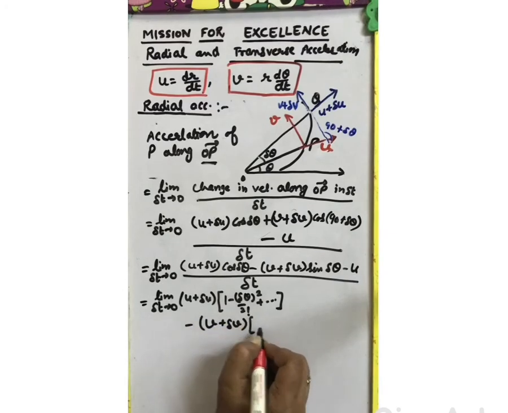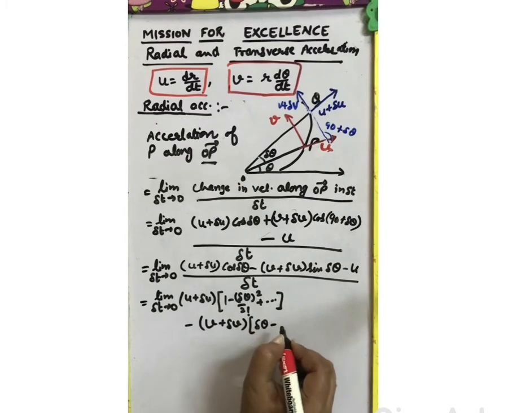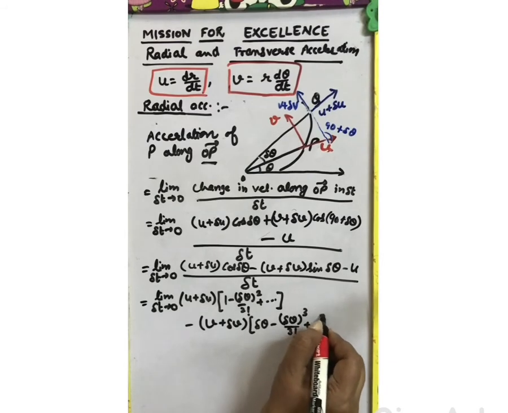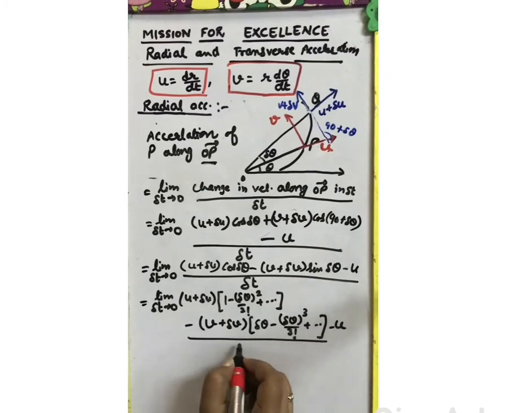We use expansion for this sine delta theta also, so its expansion is delta theta minus delta theta cube by 3 factorial and so on, and the last term is minus u divided by delta t.